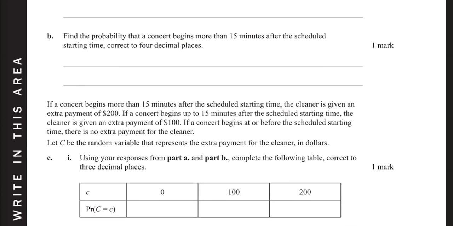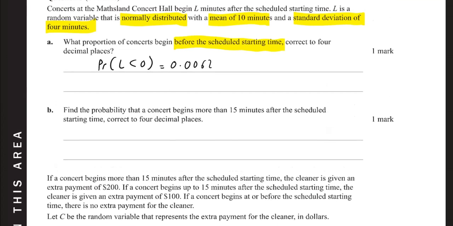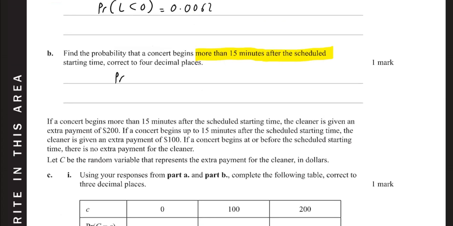Part B, now we have to find the probability that a concert begins more than 15 minutes after the scheduled time. That's when L is greater than 15, evaluated like that with the CAS.